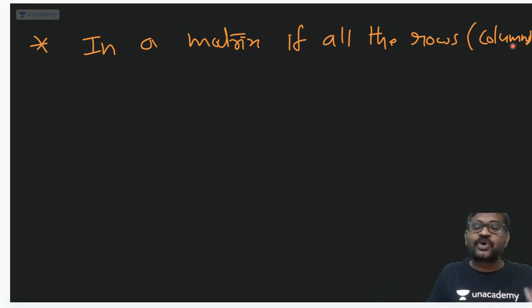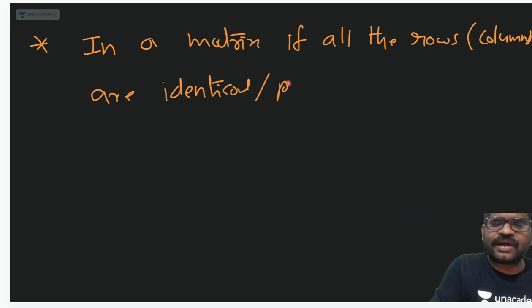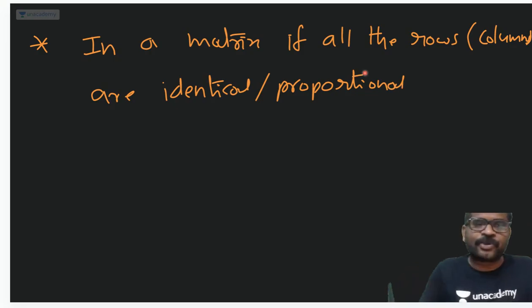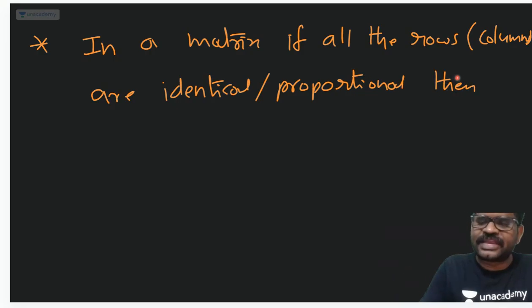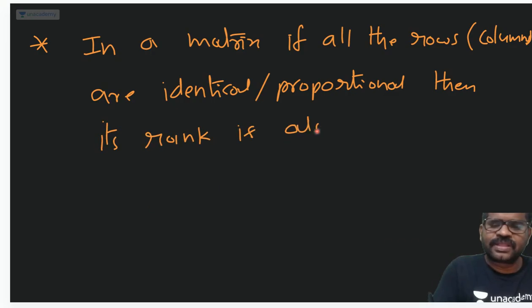So in a matrix, if all the rows are identical or proportional, then its rank is always 1.